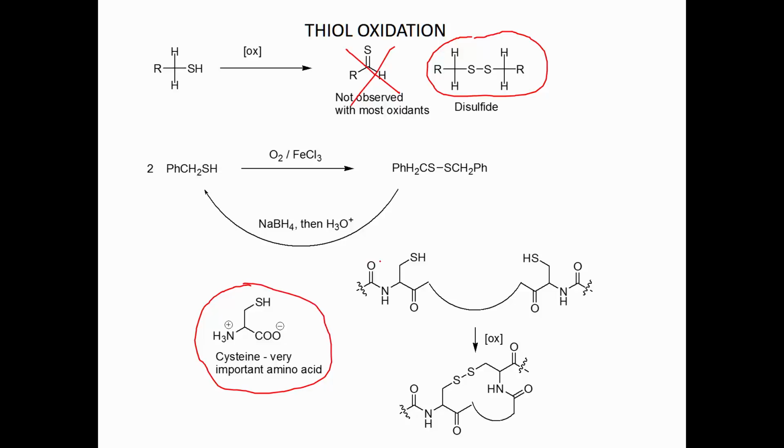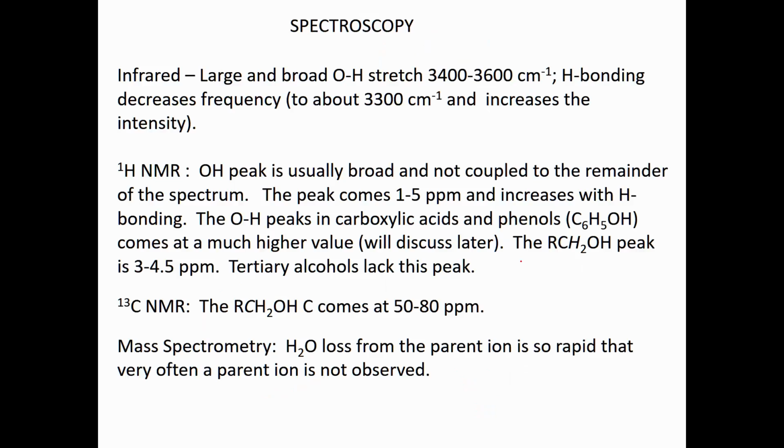Under oxidizing conditions, you can actually form a linkage between two remote cysteine residues. So you have a ring here where you didn't have one before, and this has a big effect on protein structure. This type of structure in a protein is referred to as a disulfide bridge.